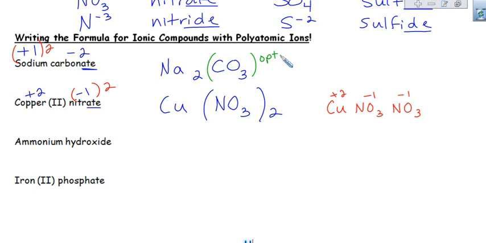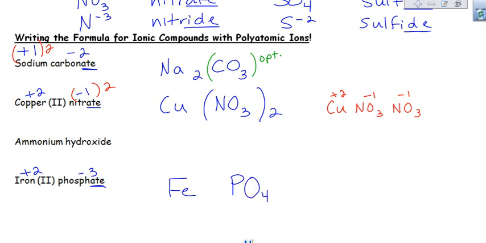So for example, skip to that iron 2 phosphate. Iron's charge is +2. Phosphate, I see the ATE, so that tells me to look on my chart. -3. The symbol for phosphate is PO4.